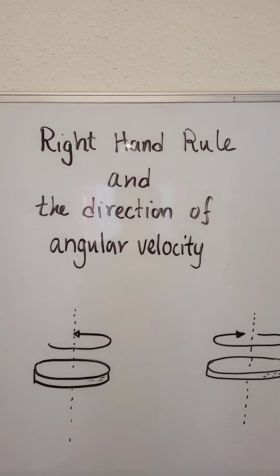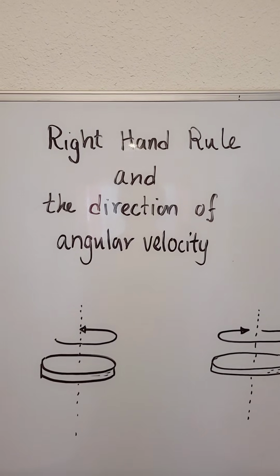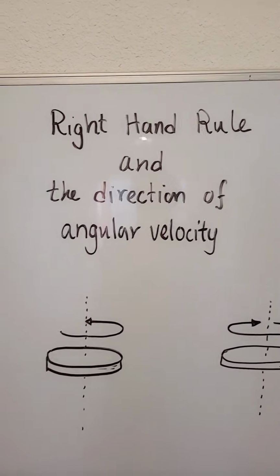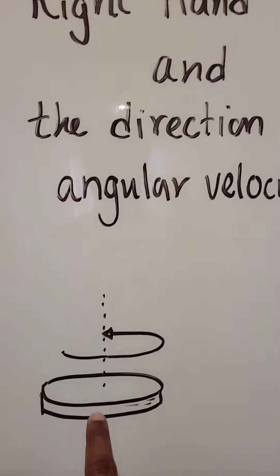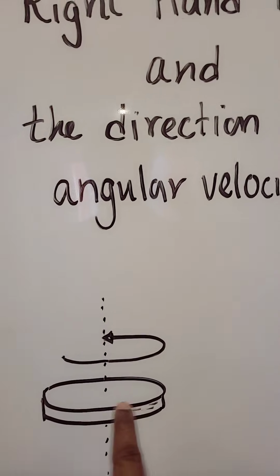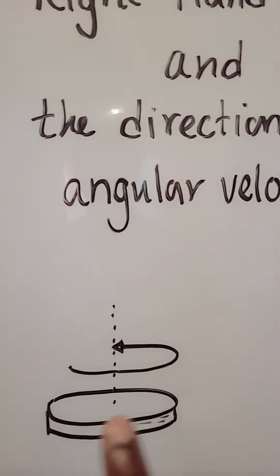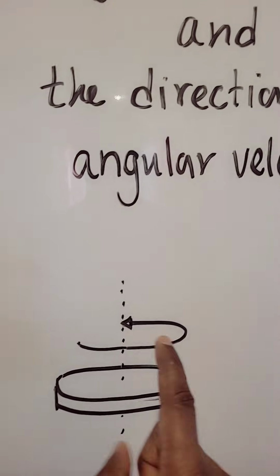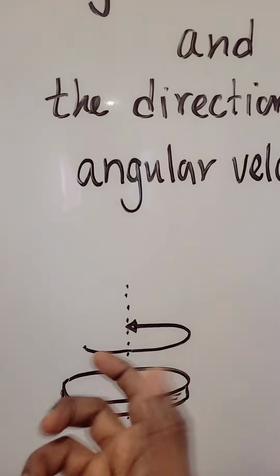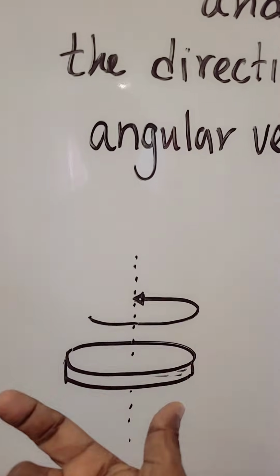Okay, so let's talk about the right hand rule and the direction of the angular velocity vector. So look at this figure. This is a disk, and look at the way it's rotating. It's going counterclockwise. So the disk is rotating in a counterclockwise direction.